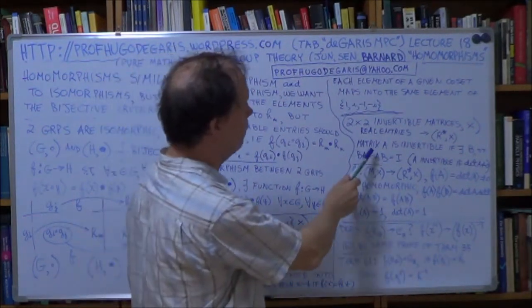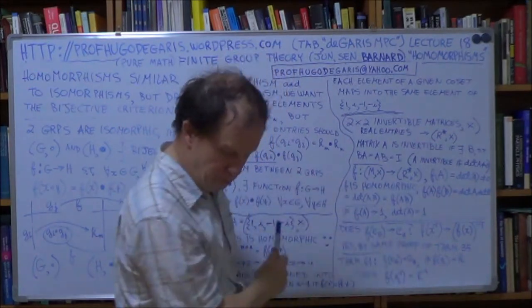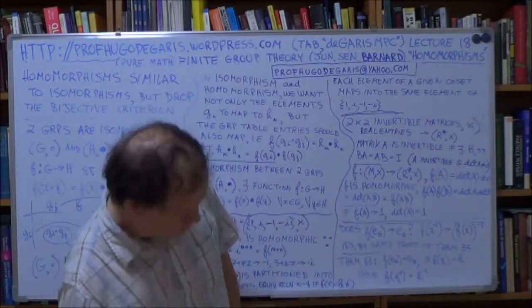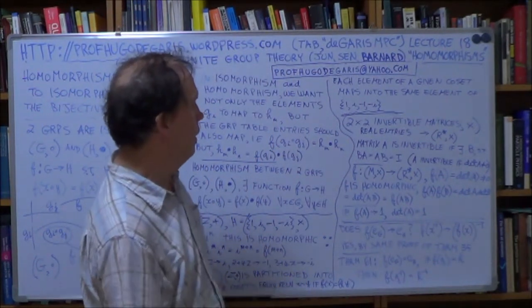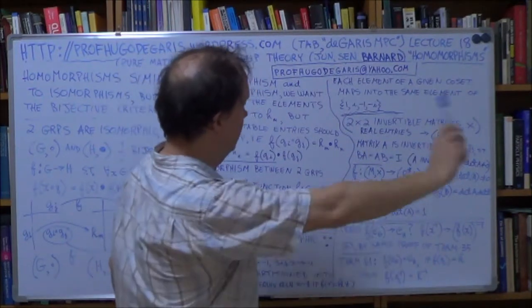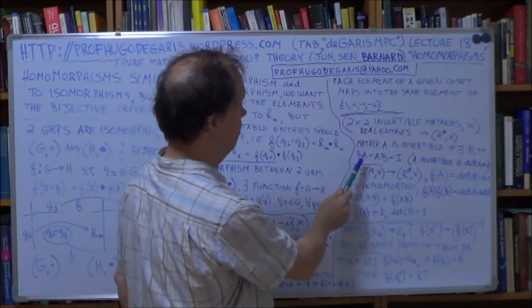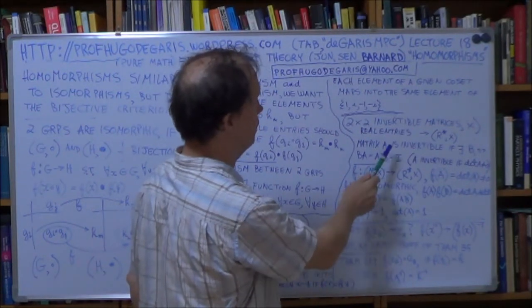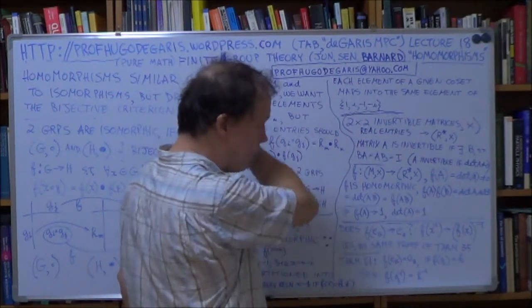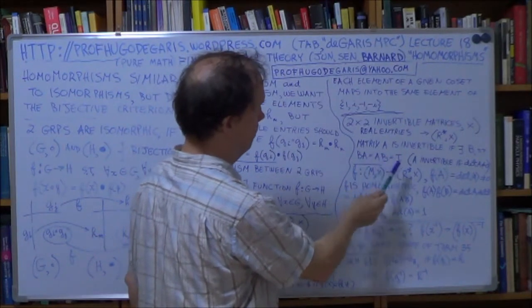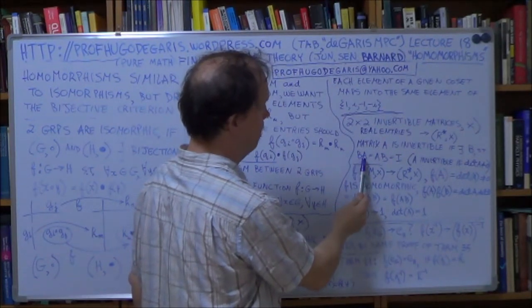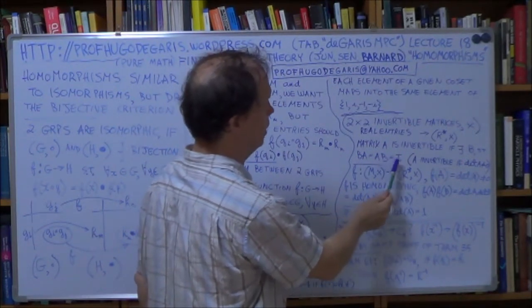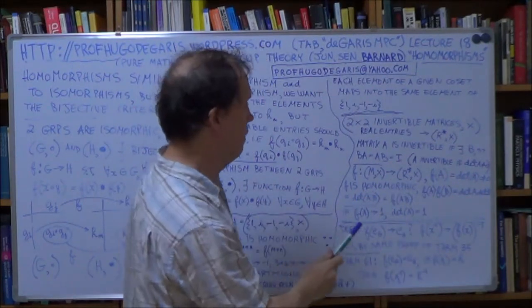Now, invertible. What does that mean? It means that a matrix B exists, which in effect is the inverse of this matrix A. So BA equals AB equals I, the unit matrix, right?